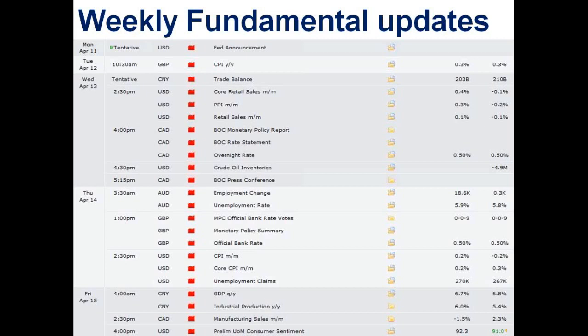The major market movement will be noticed on the Dow Jones index as well as the German DAX index. So focus on the Chinese trade balance on Wednesday's Asian session. Meanwhile, we will also be focused on the Canadian pairs in the second half of the day.